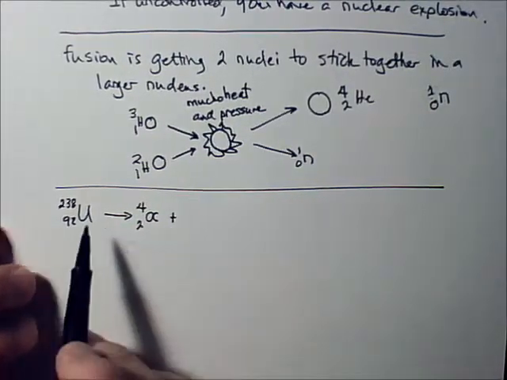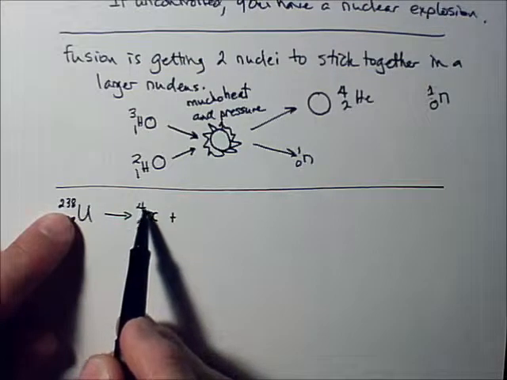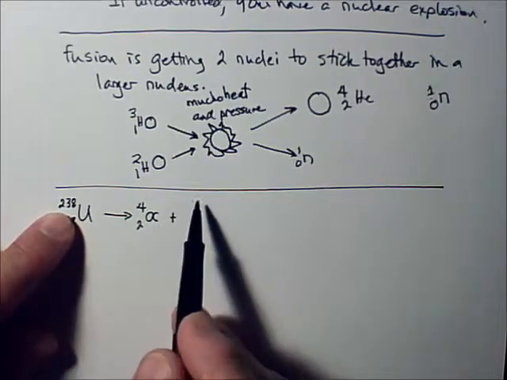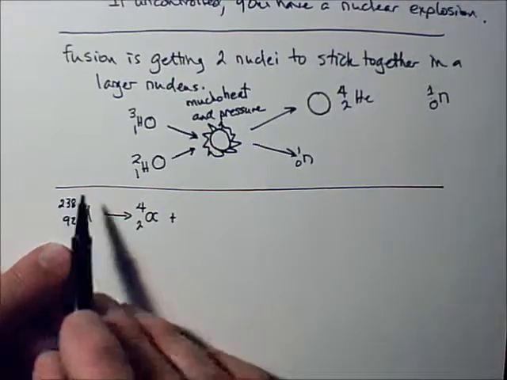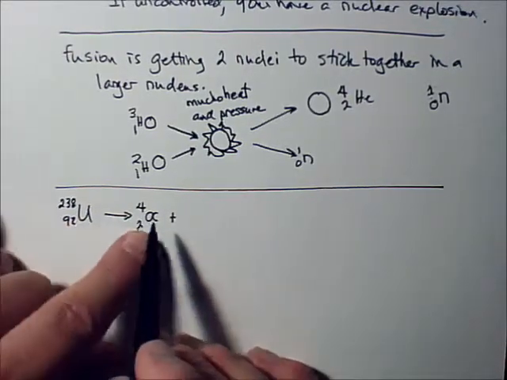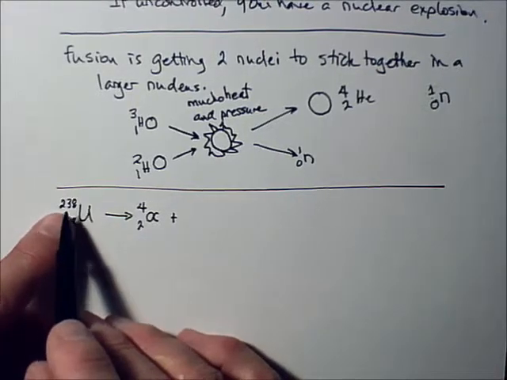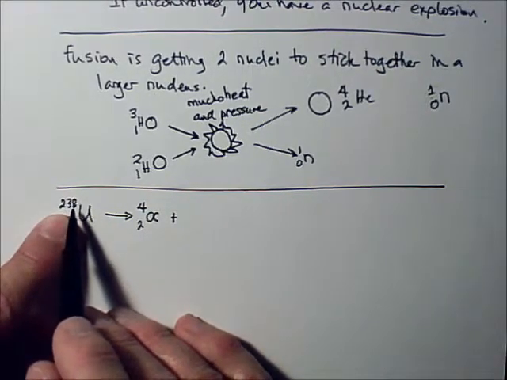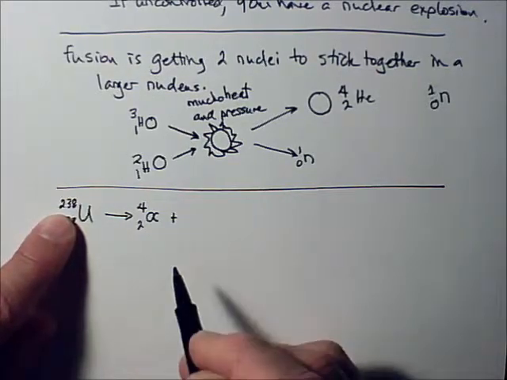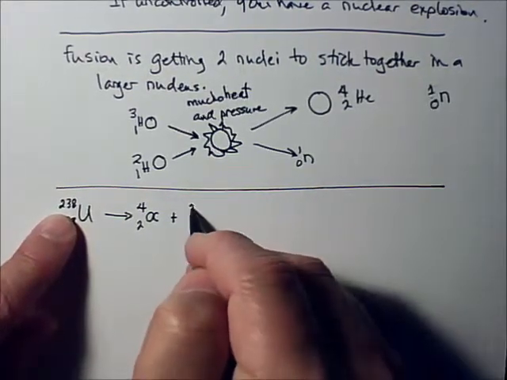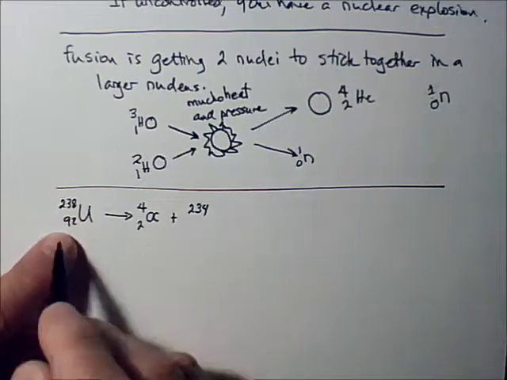If I give away a mass of 4, we're going to have something else left over. We're not giving away the whole uranium nucleus, just the alpha particle. So if I have a mass of 238 and I give away a mass of 4, what mass will the other particle have? 234.